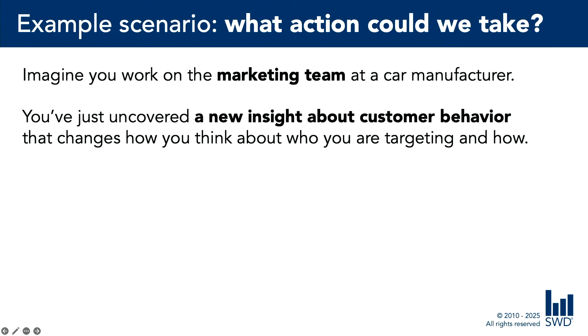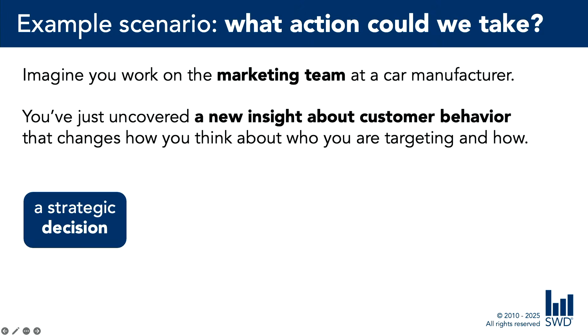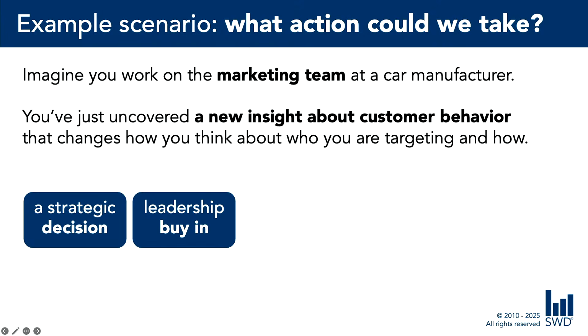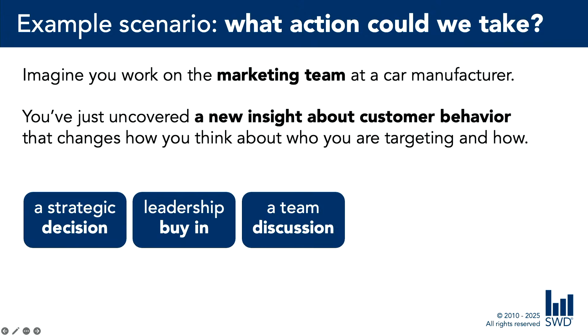There are a number of different actions we might prompt based on this general scenario. Maybe there's a strategic decision. If we've got a marketing campaign that's about to go live, might need somebody to stop that or change it. Or perhaps we need to influence others before securing approval or taking action. Maybe there's a team or cross-functional conversation that should happen to make sure everybody is aware of this new finding and that they're taking it into account in their own analyses.